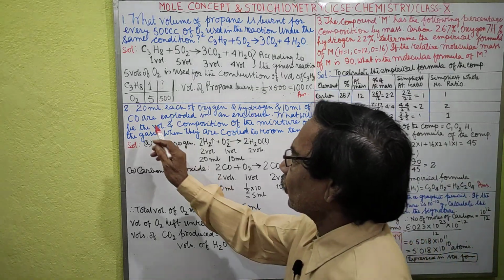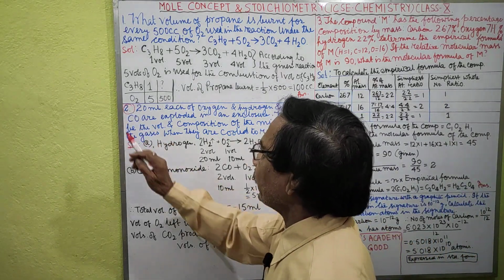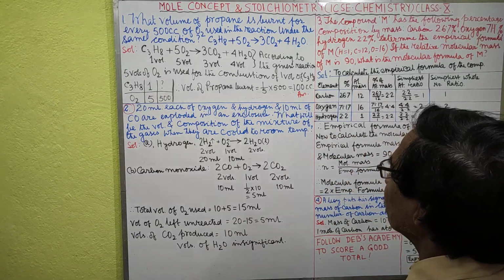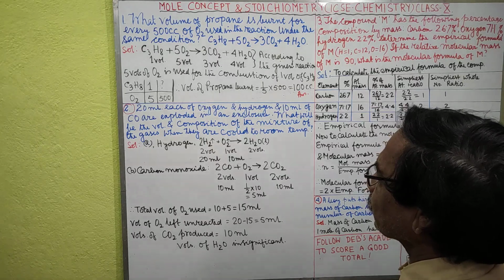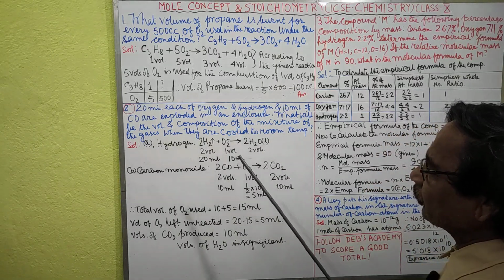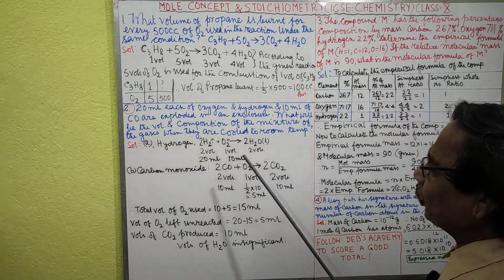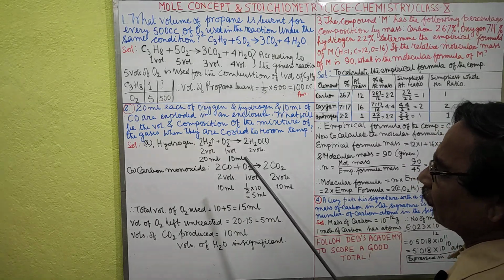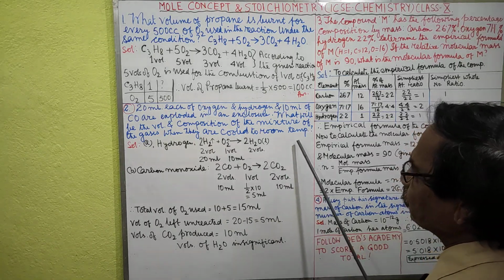Next question: 20 milliliter each of oxygen and hydrogen and 10 milliliter of carbon monoxide are exploded in an enclosure. What will be the composition of the mixture of gases when they are cooled to room temperature?